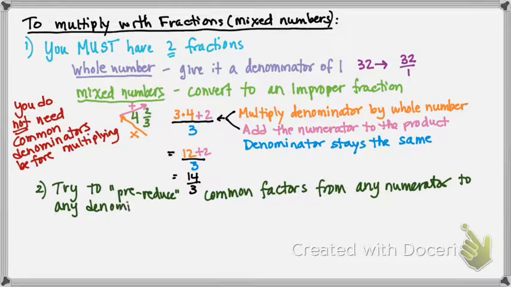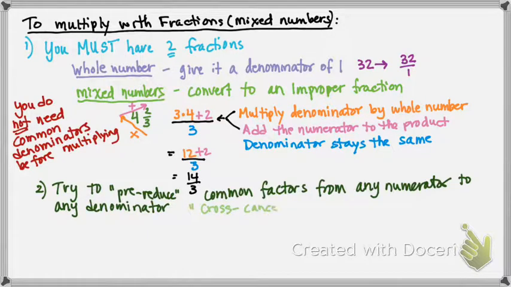So even if, let's say, you're multiplying 3 fractions together, if you have a numerator that can cancel with a denominator of the third fraction over, that's fine. Okay, we're going to look for common factors. So this is sometimes known as cross canceling.